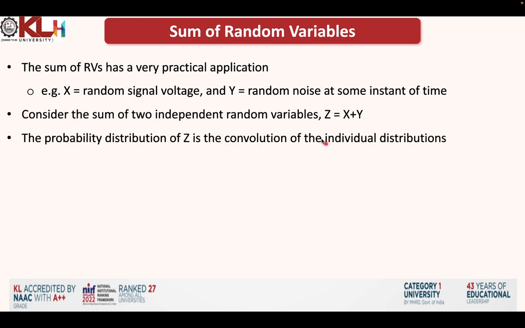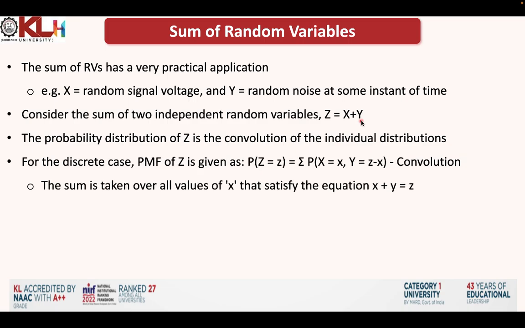Now if you consider z as the sum of x plus y, where x and y are both random variables, then the probability distribution of the sum is the convolution of the individual distributions. We'll see what it means.